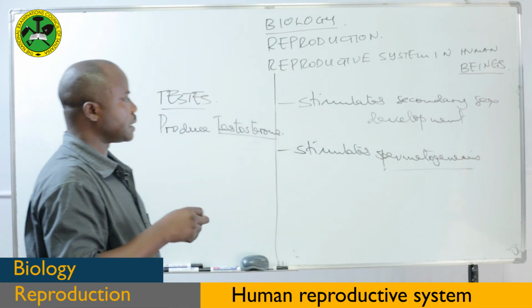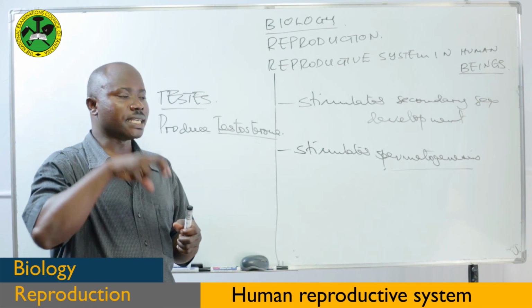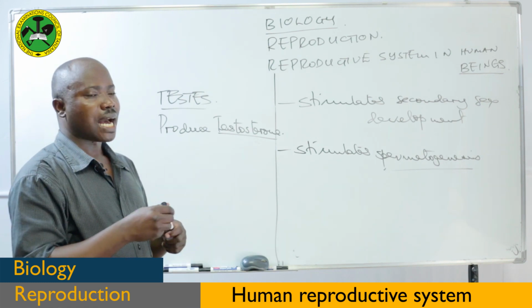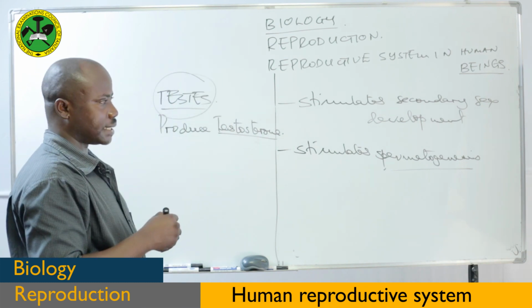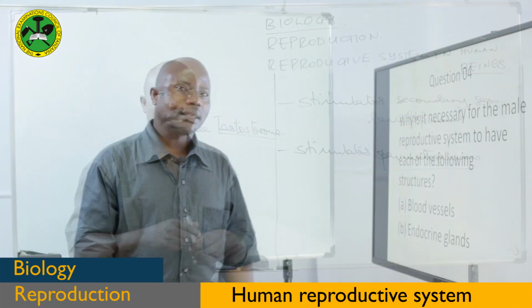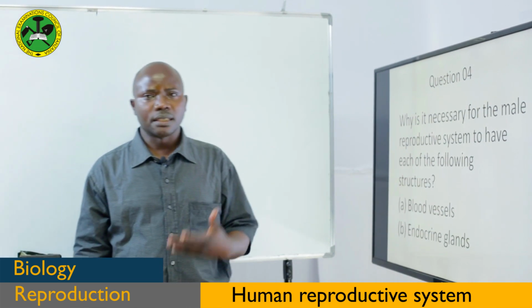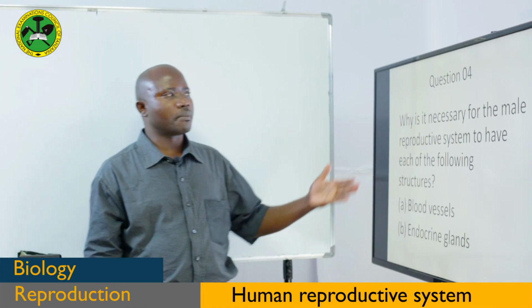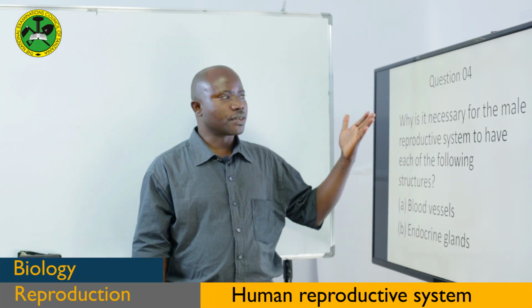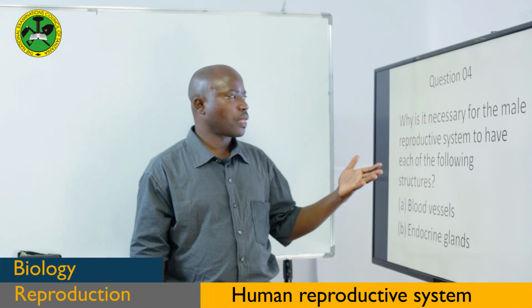These are functions performed by testosterone in the male reproductive system, as this hormone is produced within the testes. My dear students, let us now see the next question. The next question is question number 4, which reads as follows.